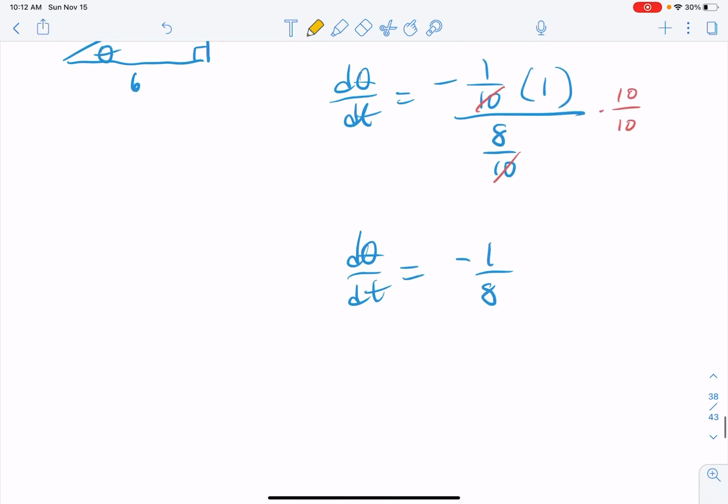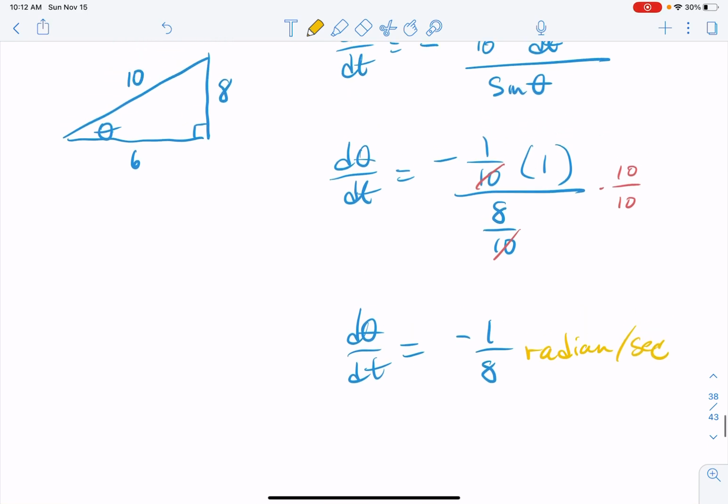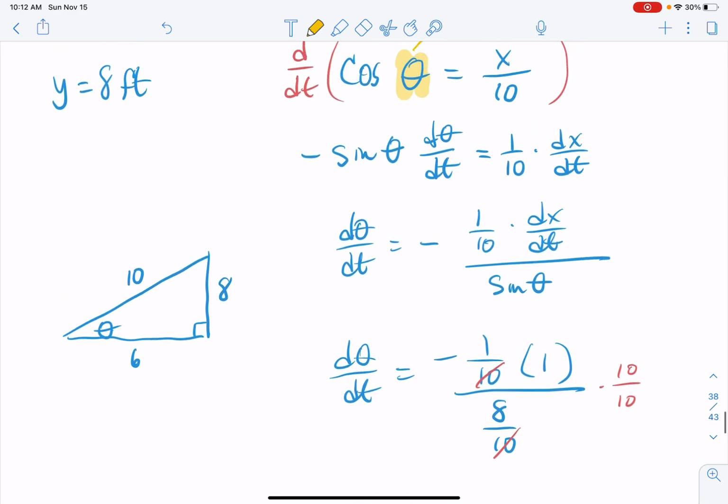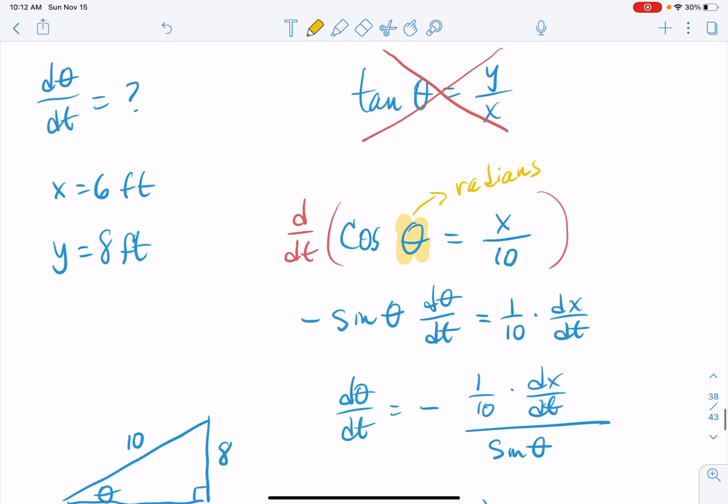It's just in radians. So what was the time value on this? I think it was in seconds, so it's radians per second. So there we have it. We had a decreasing angle. It is decreasing at a rate of 1/8 radian per second when the ladder is 6 feet away from the wall.